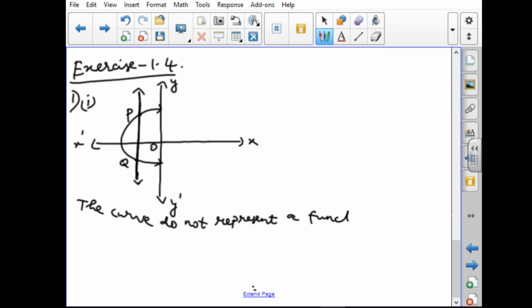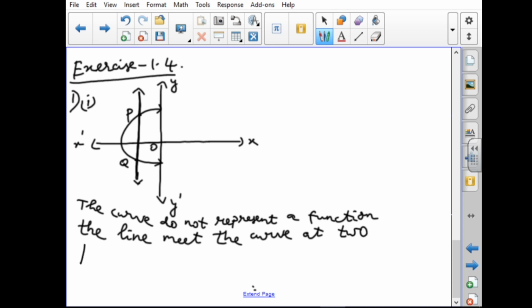The curve does not represent a function, as the line meets the curve at 2 points, P and Q. Okay, the curve does not represent a function.